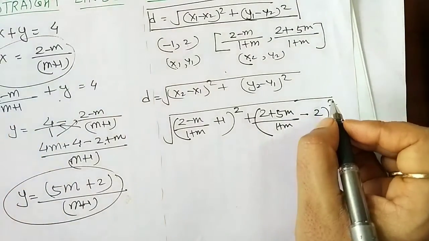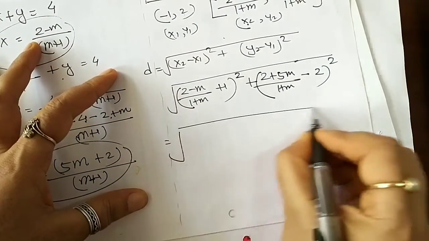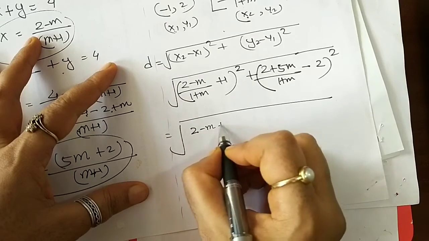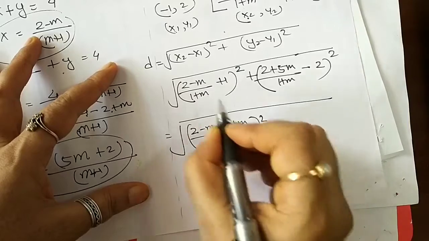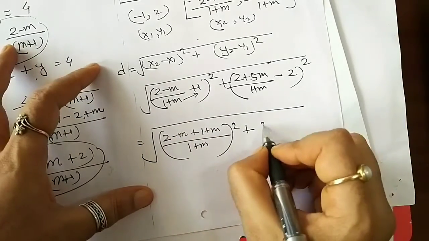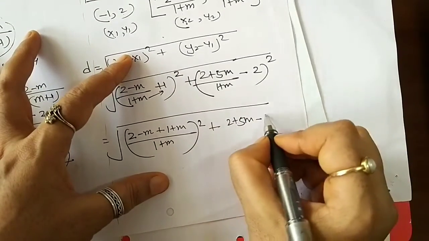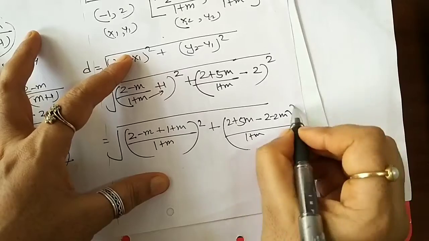Now I just have to simplify it. So root of this will be ((2 - m) + (1 + m))/(1 + m), whole square. I am just multiplying here, plus ((2 + 5m) - 2(1 + m))/(1 + m), so it will be (3m)/(1 + m) whole square.